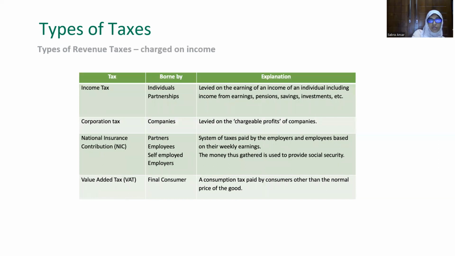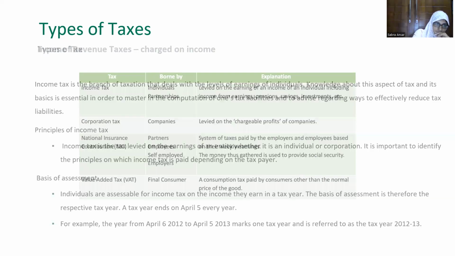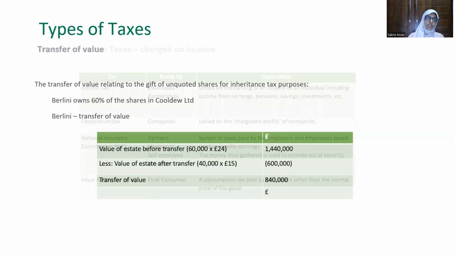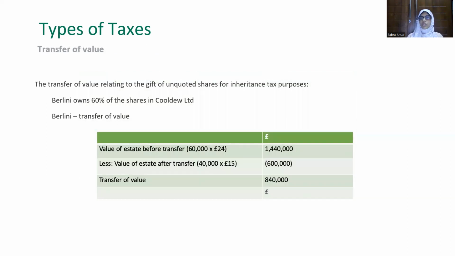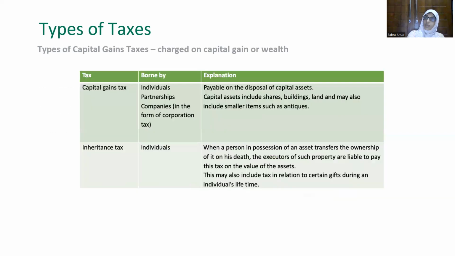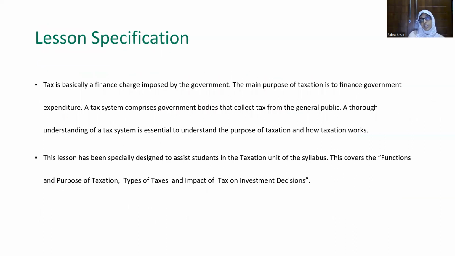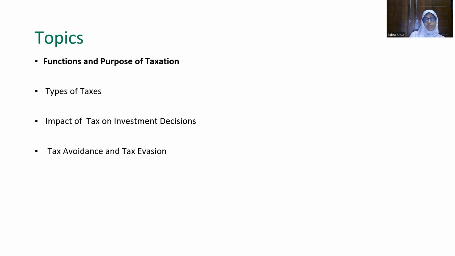So we have to talk about different types of revenue taxes. But instead of talking about the revenue taxes, because we need to explain it a little bit more, let me just do a small recap for today so that we can try and remember what we studied, because taxation is not an easy area to remember.